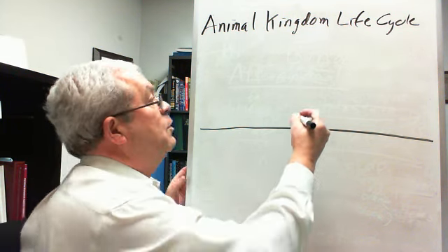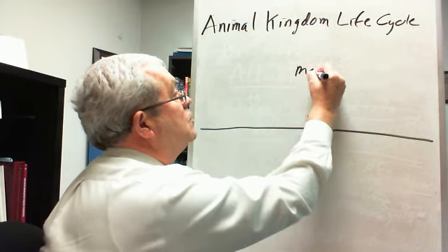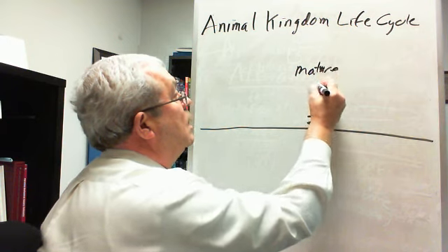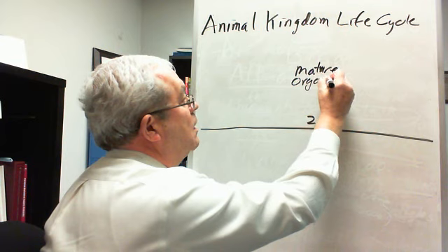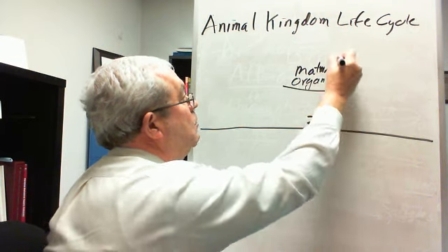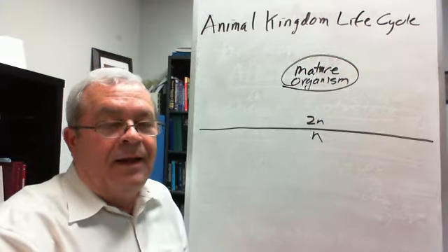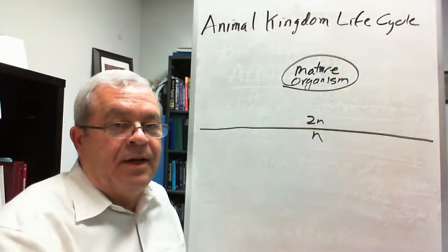And so what I'm going to put here, top center on the 2N side, is mature organism. In the animal kingdom, mature organisms are a big chunk of 2N cells.